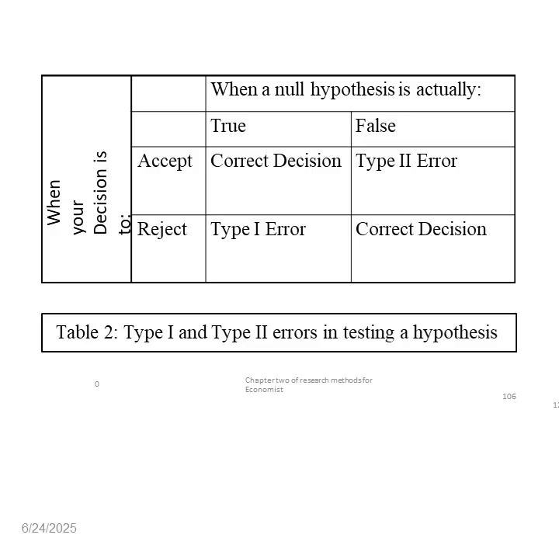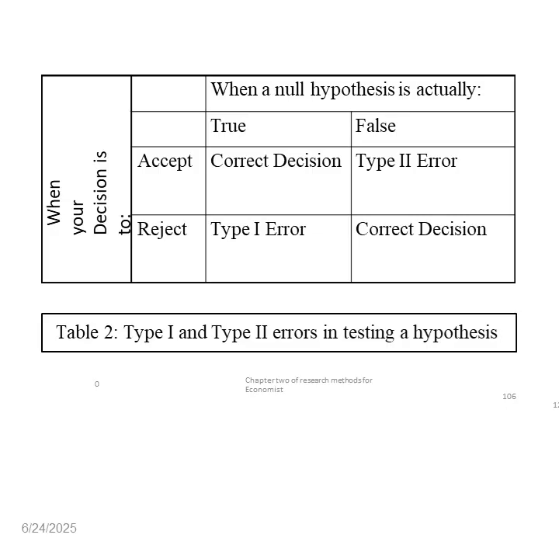When the null hypothesis is actually true, but your decision is to reject, that is a type 1 error. When the null hypothesis is actually false, and your decision is to reject, that is a correct decision. There is no error here.